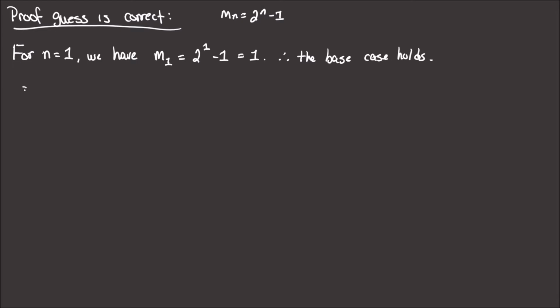Now, let's suppose for some integer k that is greater than or equal to the base case, that m sub k is indeed 2 to the k minus 1.